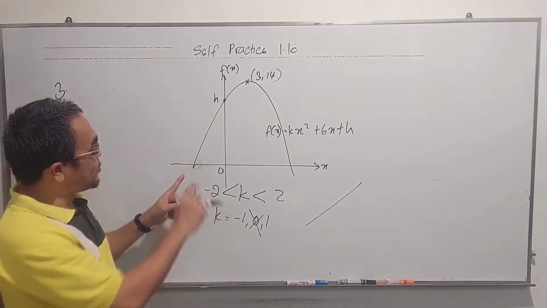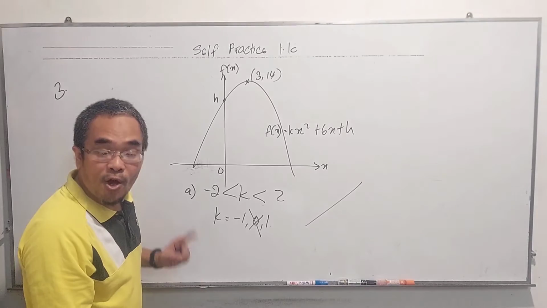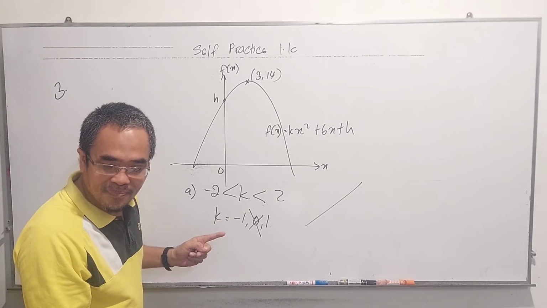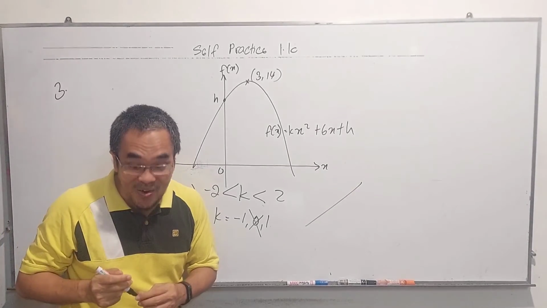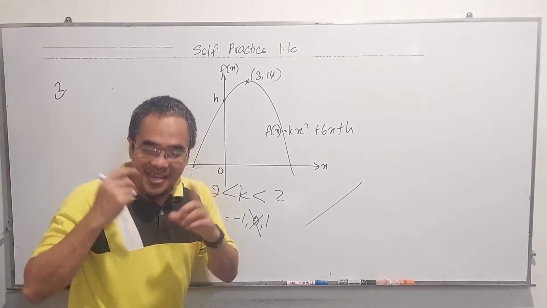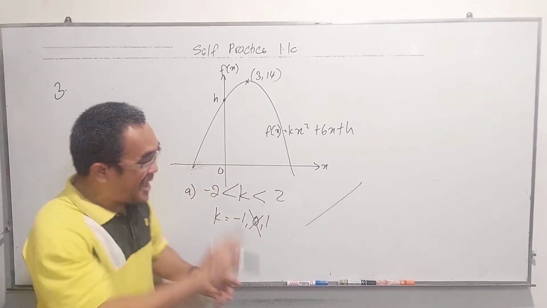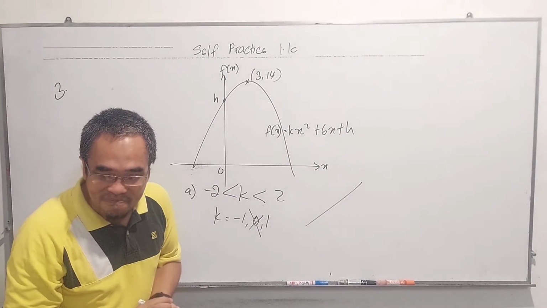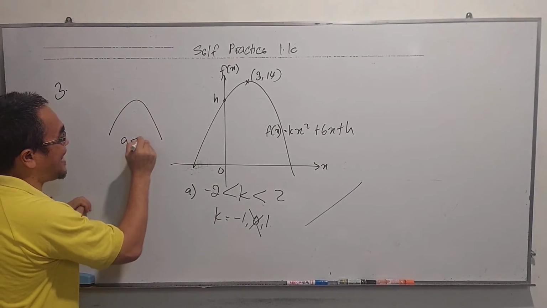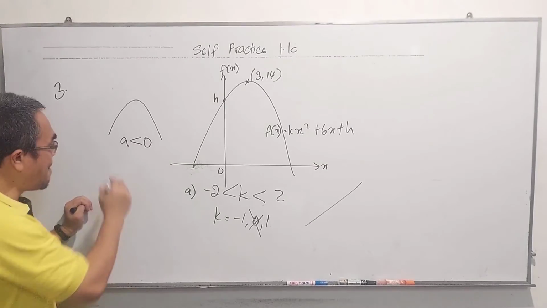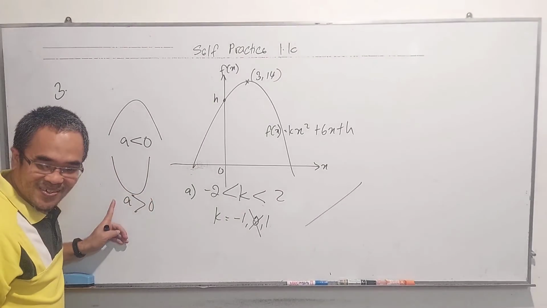So is -1 suitable for this graph? Yes, because it's negative. If the value of a is negative, then the figure will be a maximum. Maximum when a is less than 0, minimum when a is more than 0.